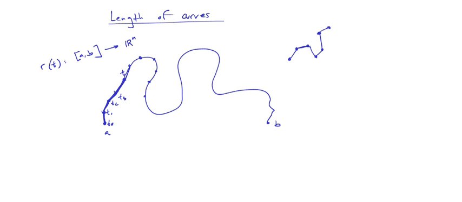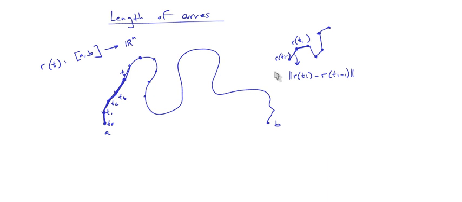And we know how to compute the length of the segment because that's just the norm. This is r at ti, and this is r at ti minus 1. The length of the segment is just the distance between these two vectors, that's the norm.